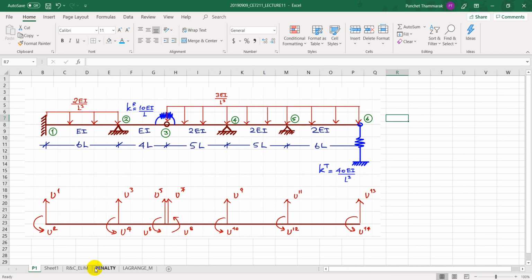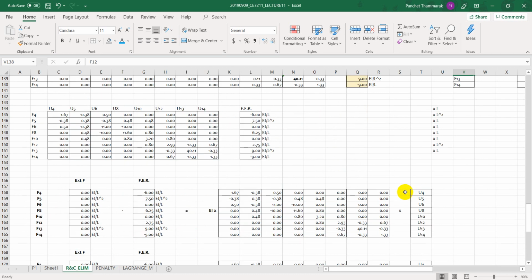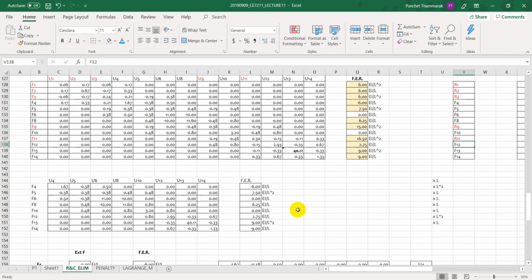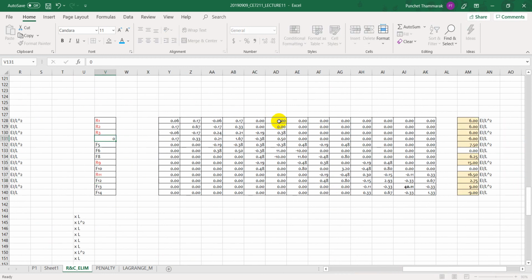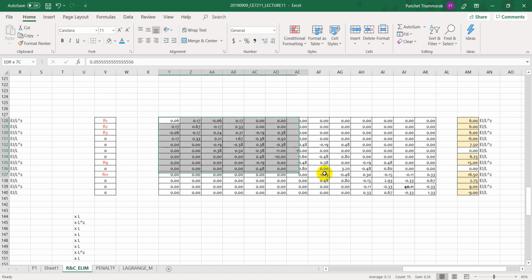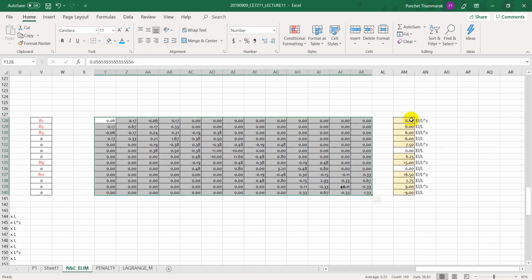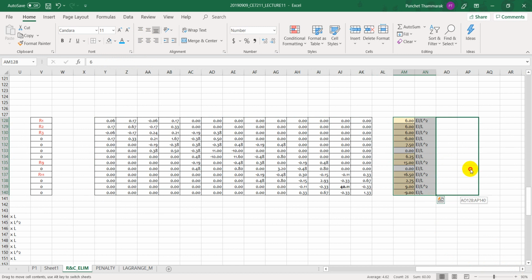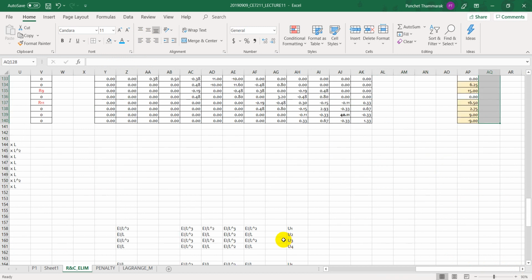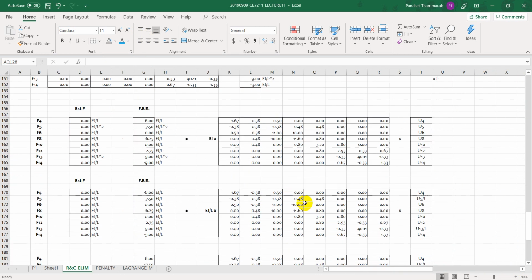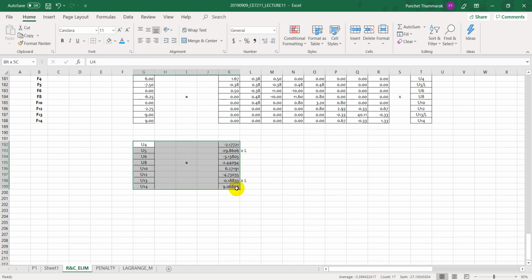So we can put 0, 0, 0, 0. All of them are 0. Equal to this, which is going to add up with this. You know how to fix them. We'll just take this up there.